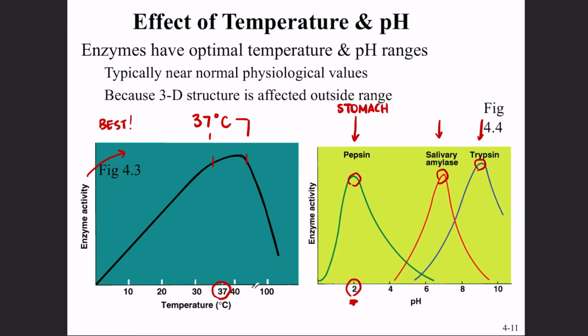Salivary amylase is in our saliva, so we'd find that in our mouth. And notice that that's kind of more in the neutral range. Trypsin is an enzyme that's produced by our pancreas, but then it gets released into our small intestine. And notice that it is a bit more basic there.